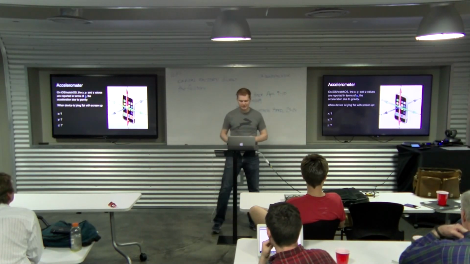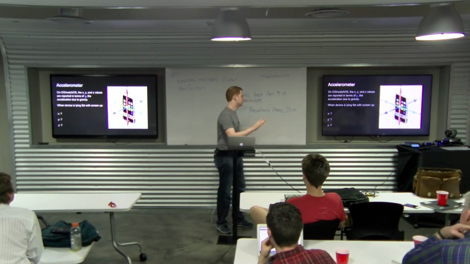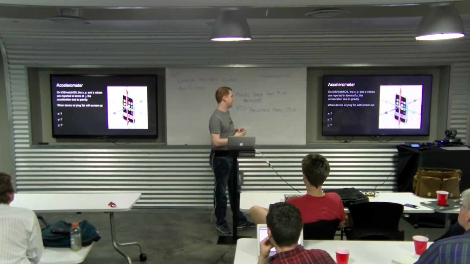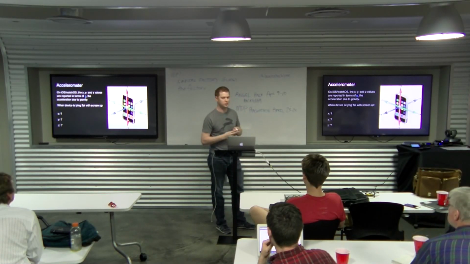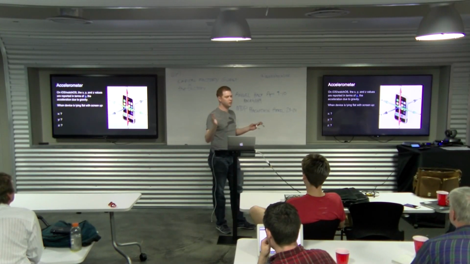A quick quiz. All the values, by the way, are reported in terms of G, the acceleration due to gravity. So -1 would be negative G, +1 would be positive G, you know, 9.81 meters per second squared.